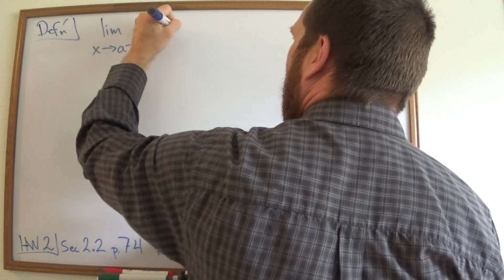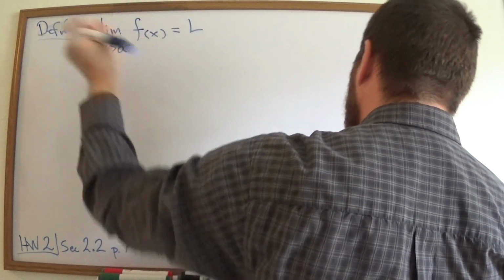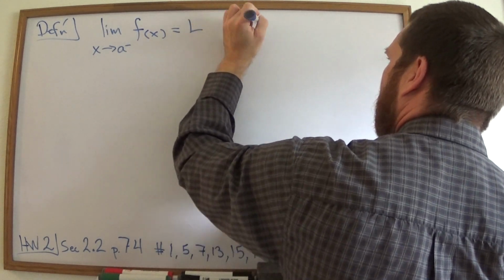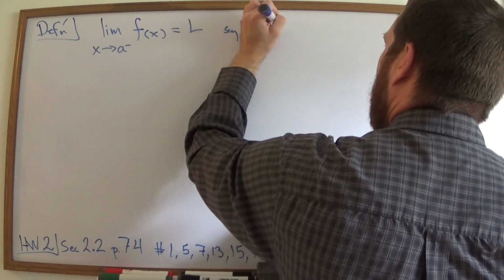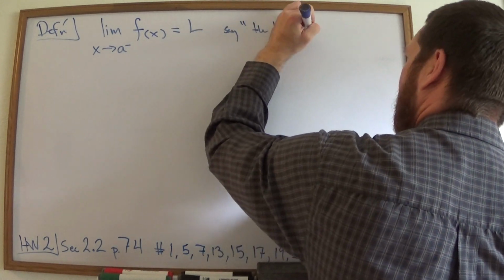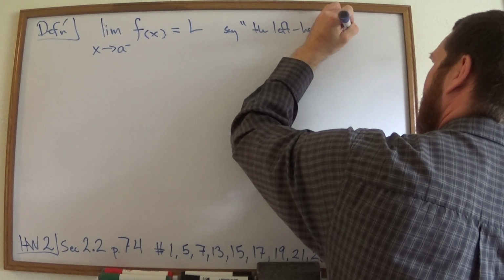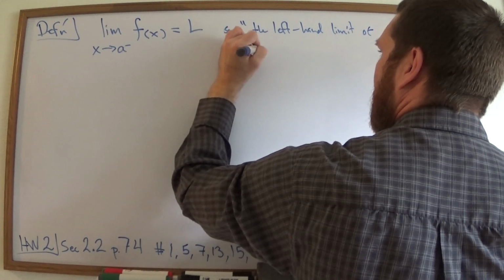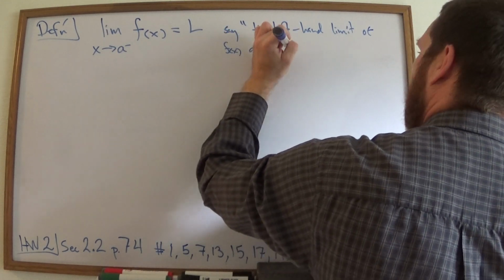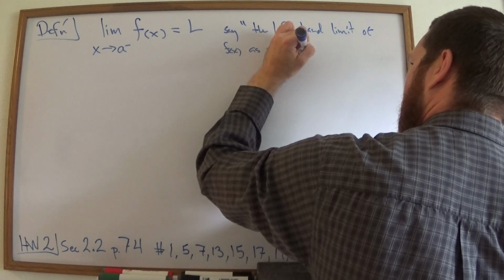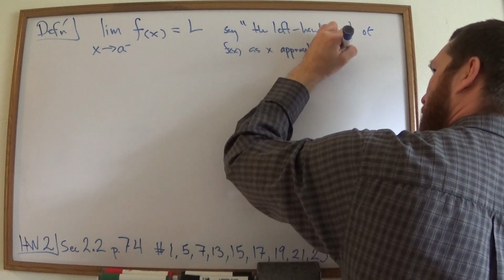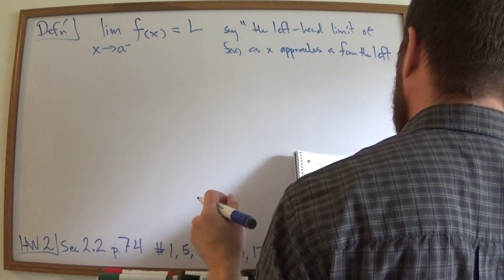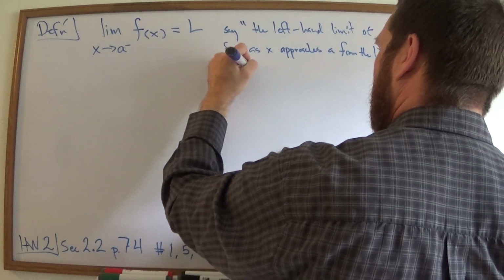Of f of x equals L. We write that and say the left-hand limit of f of x as x approaches a from the left is equal to L.